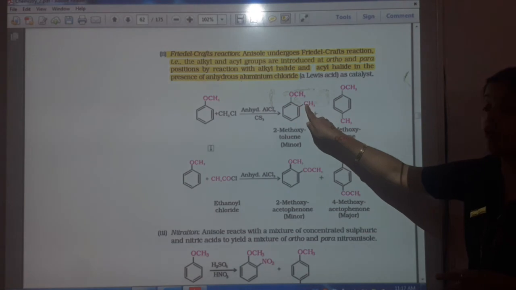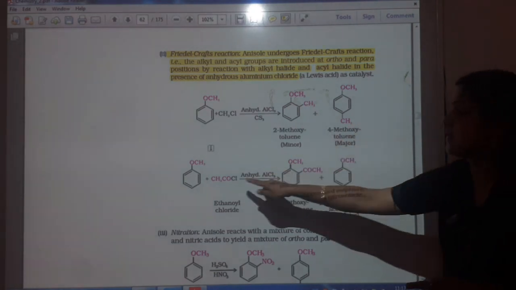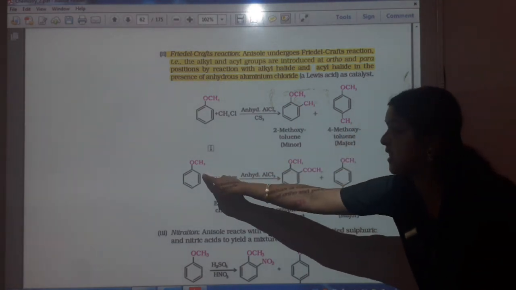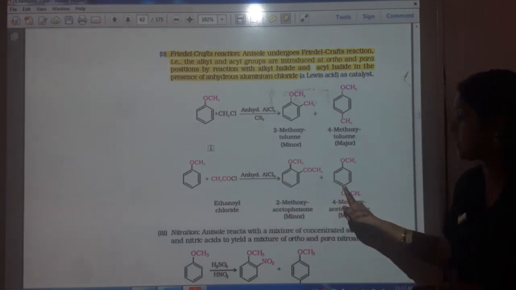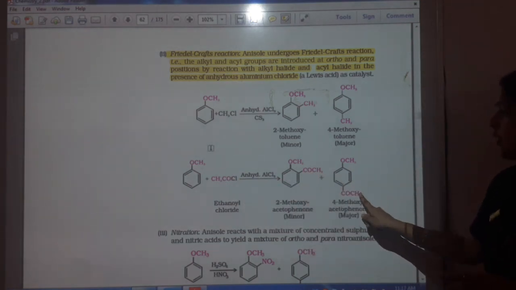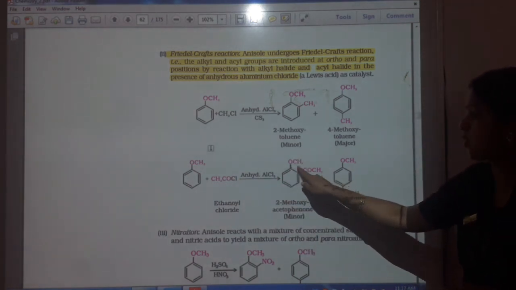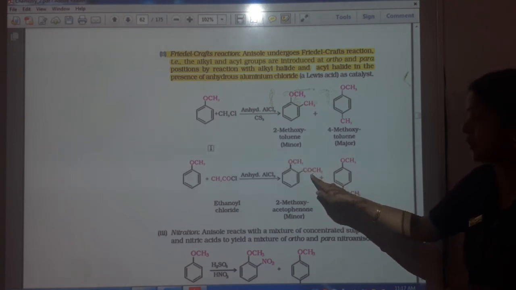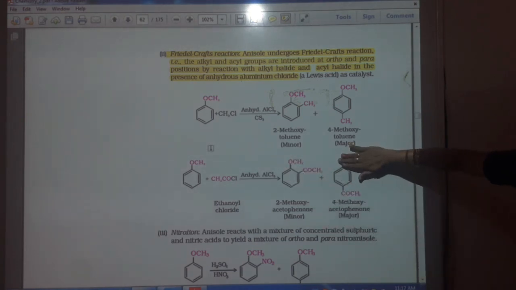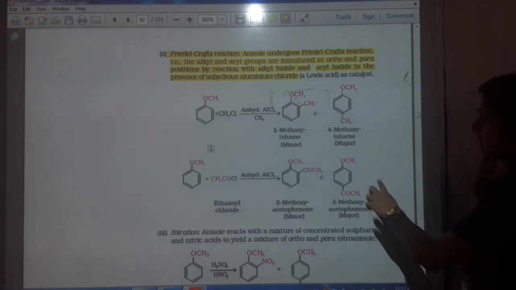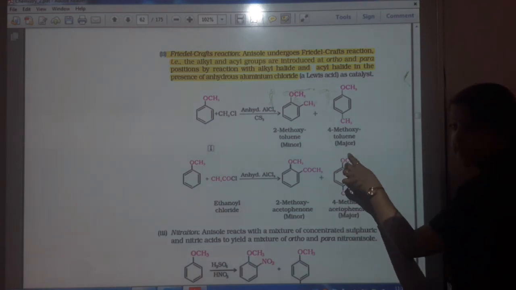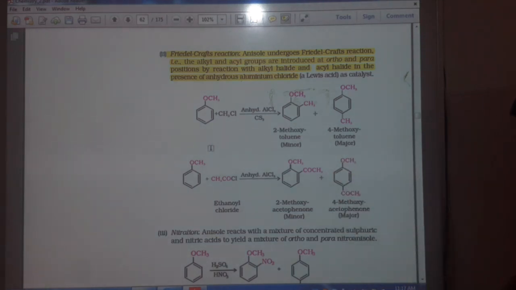So you get an ortho and para product. Similarly here, COCH3 comes and attacks, HCl comes out, and you get again an ortho and para product. This is 2-methoxy acetophenone, which becomes my major product. This is my main chain, this is my substituted product.